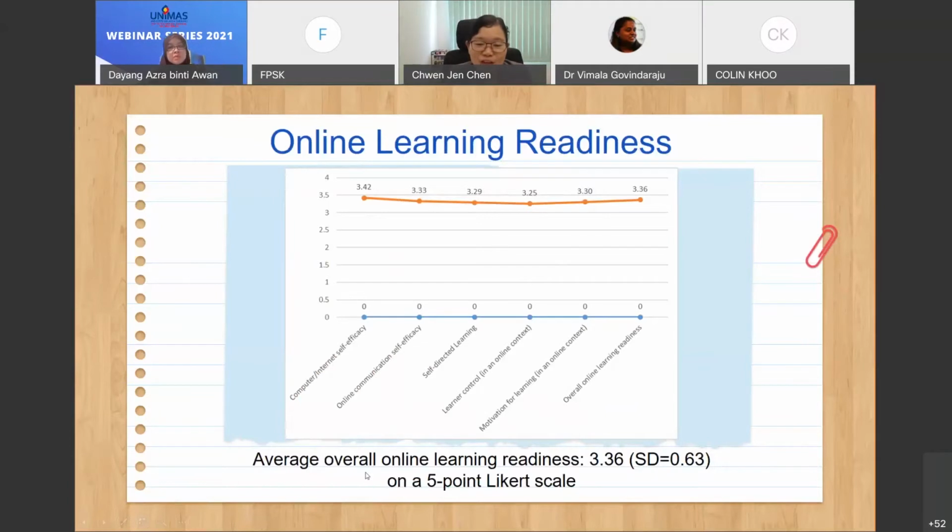So the average overall online learning readiness is 3.36 on a 5-point scale. And for each of the components, you can see what the results are. So generally, we can see that our students' online learning readiness is moderate. Moderate.